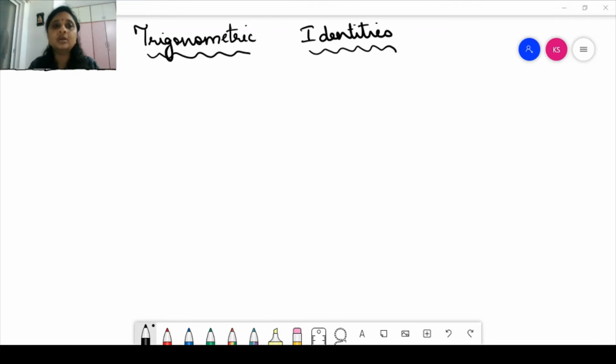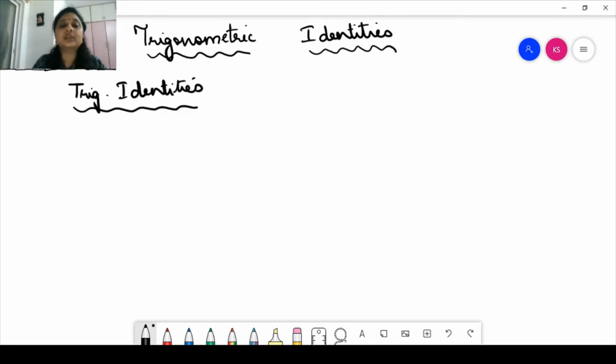Before we move on, we'll look into the important trigonometric identities that we'll be using to solve these problems. Not only that, there are a few algebraic identities that we'll also have a quick look at. First, the trigonometric identities. There are three important trigonometric identities that you will have to memorize, so that they come to your mind when you solve these problems.